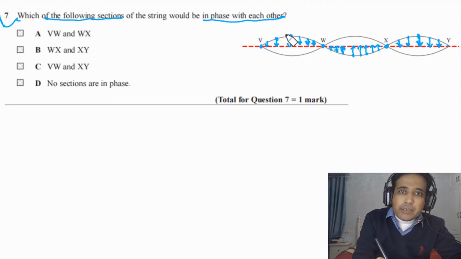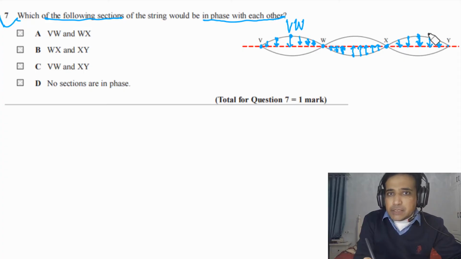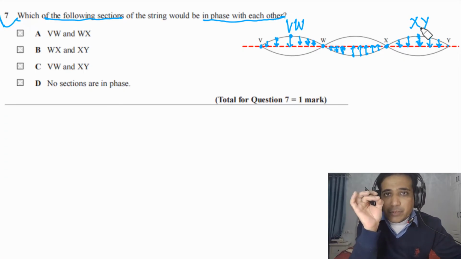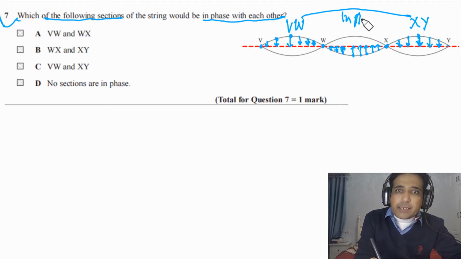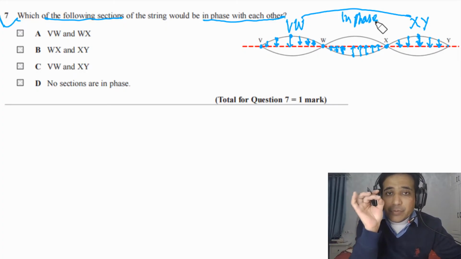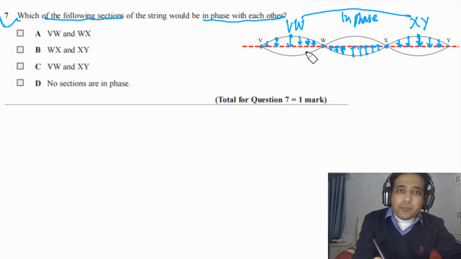So the particles in section VW and the particles in section XW will always be in phase. So we can simply say the particles in these two sections will always be in phase. But if we compare these two sections, these particles will always be in anti-phase.